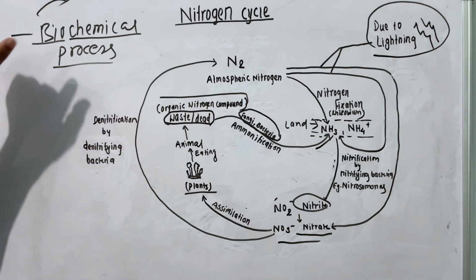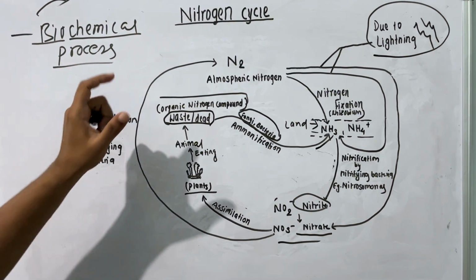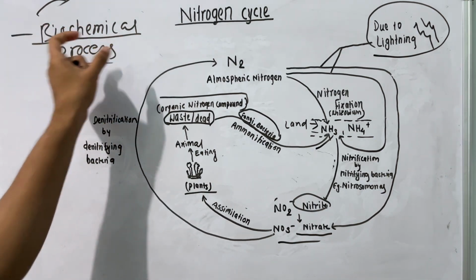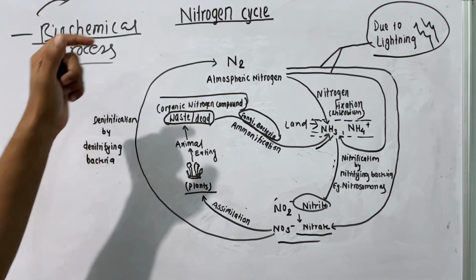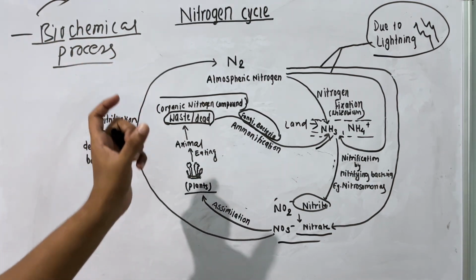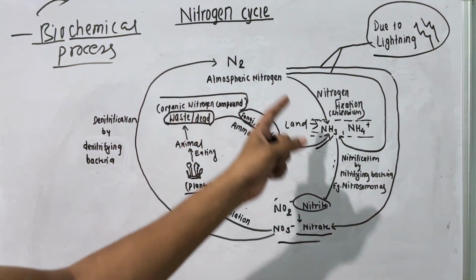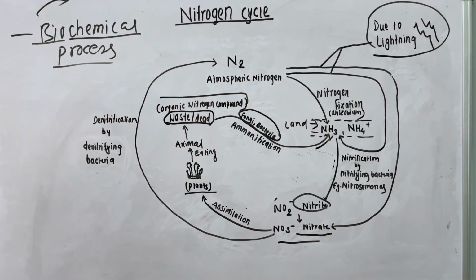So the biological agent means the microorganism, and the chemical process is the chemical reactions that go on continuously during the whole cycle.